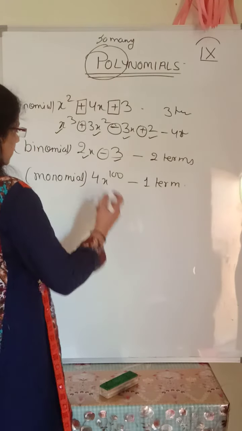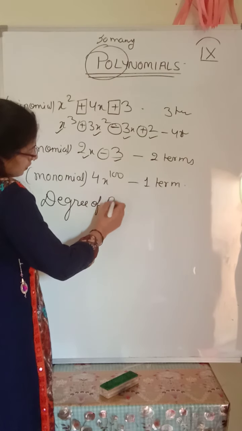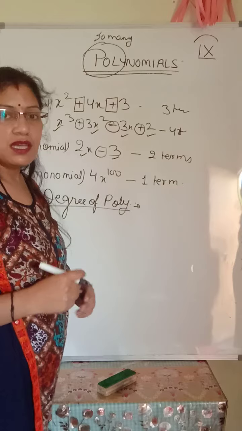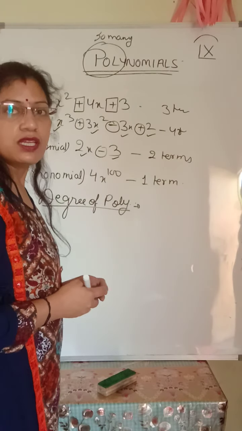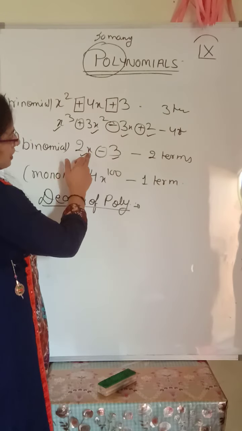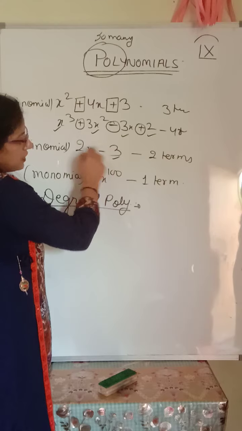Second thing comes, the degree of a polynomial. Degree of a polynomial means the maximum power of the variable. So let me see this: 2x minus 3. What is the power of x?